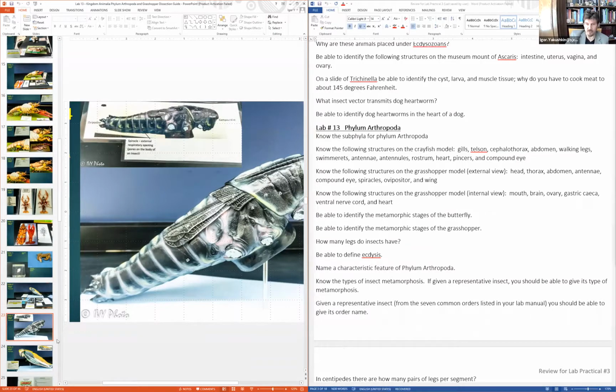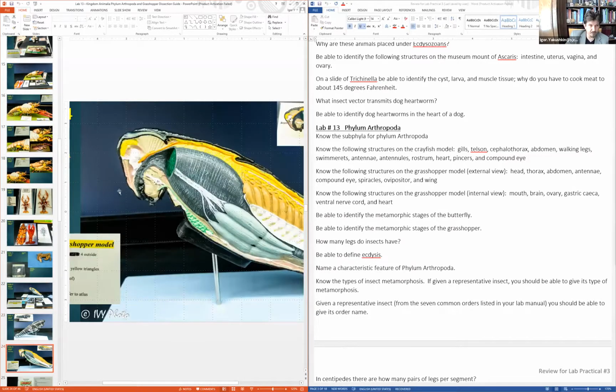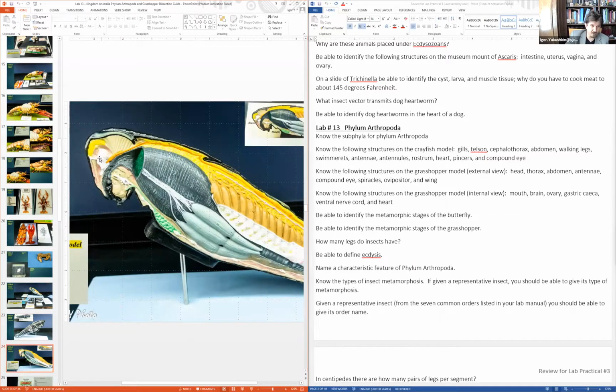Knowing the structures on a grasshopper, internal view. What we're looking at: head, mouth, the nervous system, the brain, now the ventral nerve cord right there. Then we're looking at the digestive system and those finger-like projections. This is the gastric ceca.